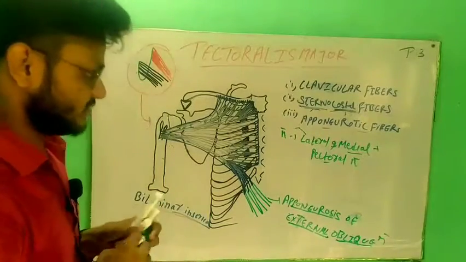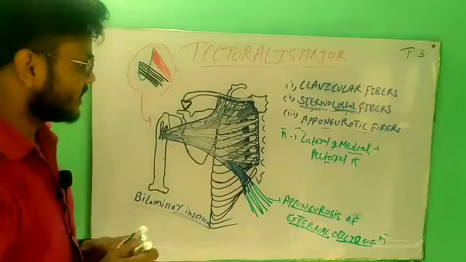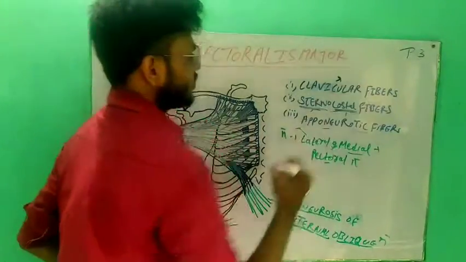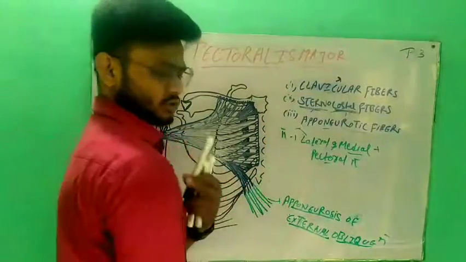Now the action of the pectoralis major: firstly, the clavicular fibers help in flexion at the shoulder joint.